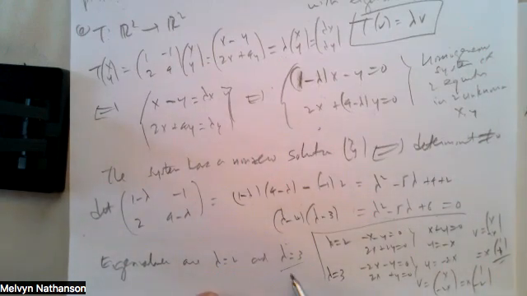So for the eigenvalue lambda equal 3, an eigenvector is 1, minus 2, or any scalar multiple of that. So this linear operator defined by the matrix 1, minus 1, 2, 4 has eigenvalues 2 and 3, and I found the eigenvectors. Okay, is there a question about that?